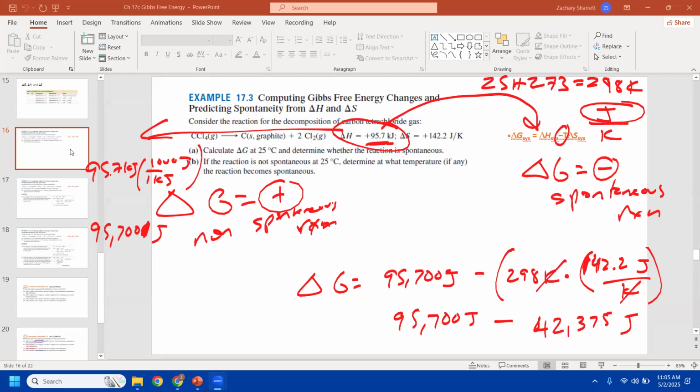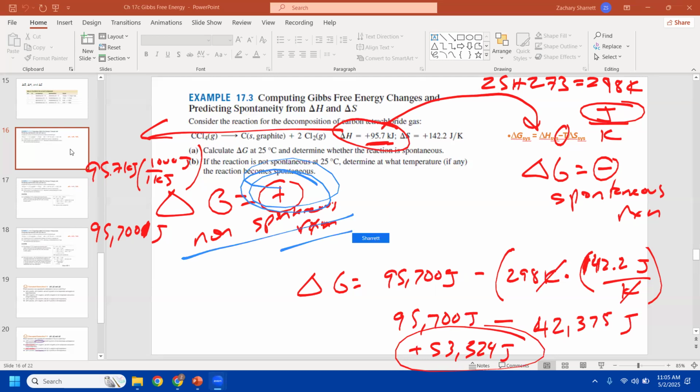It gives us positive 53,000. How much? 53,325 joules. So the deltaG for this reaction is a positive 53,325. Since deltaG we found was positive, that means the reaction is non-spontaneous. Okay? Everyone comfortable with that?